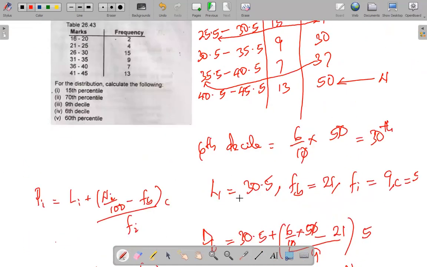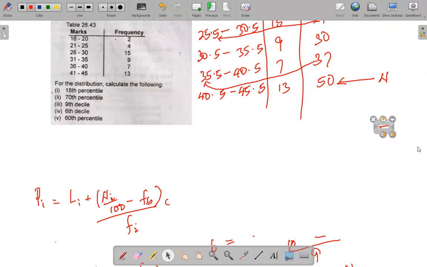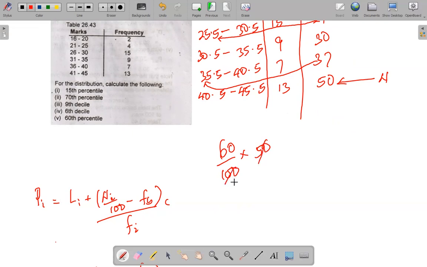And finally, the 60th percentile. This one is percentile this time around, no more decile. The 60th percentile will be 60 over 100 times n, which is 50, which is 30.